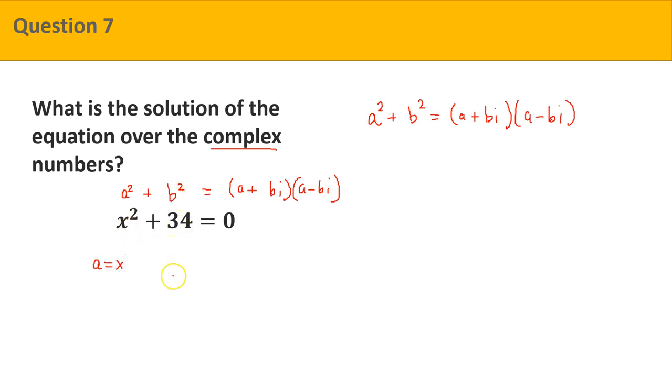Okay, b is equal to the square root of 34. The reason it's the square root of 34 is because if b was the square root of 34 and we squared it, it will give me 34. So we have our a, which is x, and our b, which is the square root of 34.